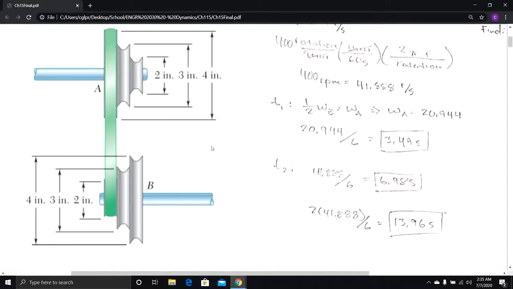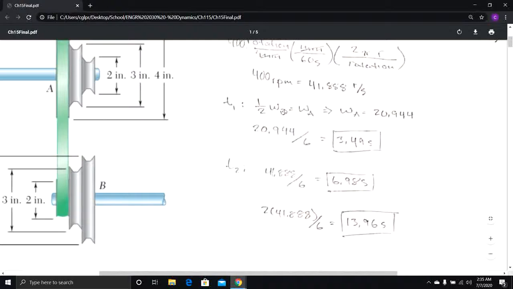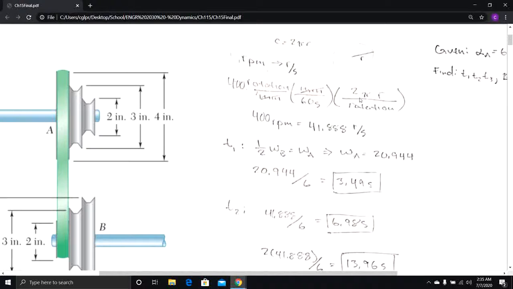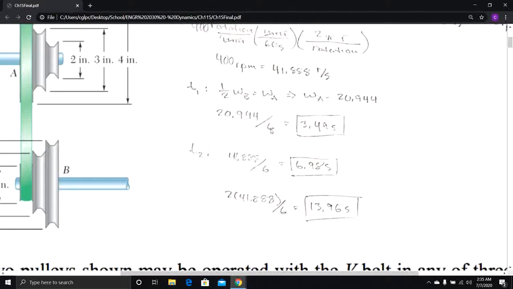For every 1/2 rotation of A, B is going to rotate once, which is why I get this 1/2 of omega B is equal to omega A. Tells me omega A needs to be going at just half the rate of what I found B needs to go at, and I'm able to just divide by its acceleration to find how long it's going to take.